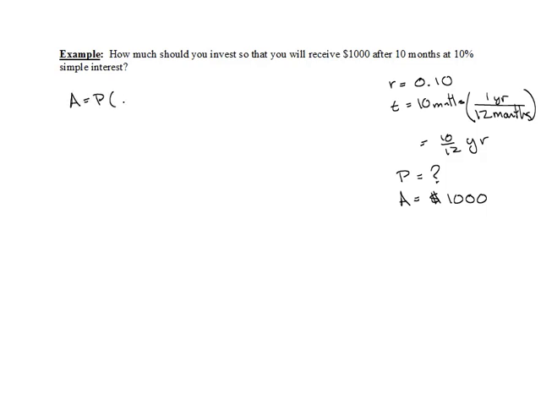So I use my simple interest formula again. I put everything in. I have $1,000 this time for A. My P I don't know. And so now this is going to be, I'll put in an intermediate step here.